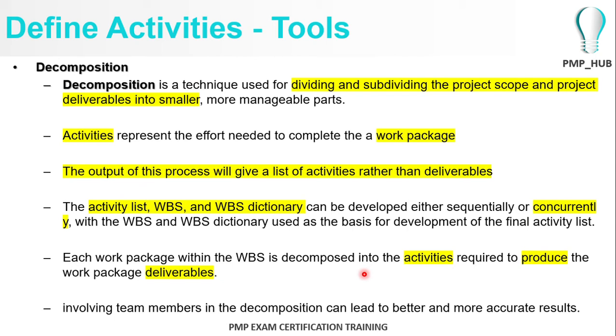Activities represent the effort needed to complete the work package. So if you sum up the activities, it will give you the effort that you need to complete the work package. The work package was identified as the minimum component in the work breakdown structure, and here we take that and further decompose it so that we get into activities.